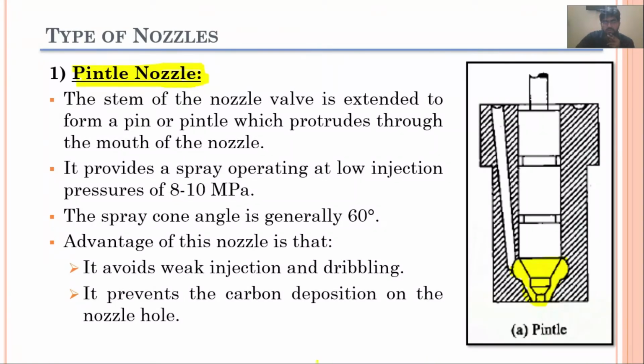So here you can see that in these pintle nozzles, the cone angles are usually quite higher. Because of these cone angles, larger surface areas of the combustion chamber would be covered.